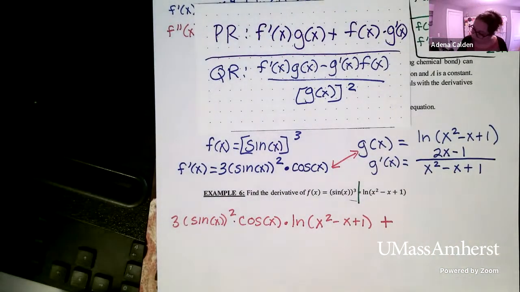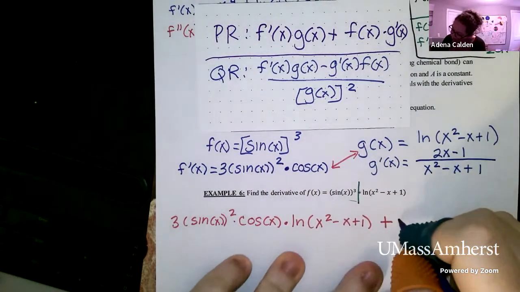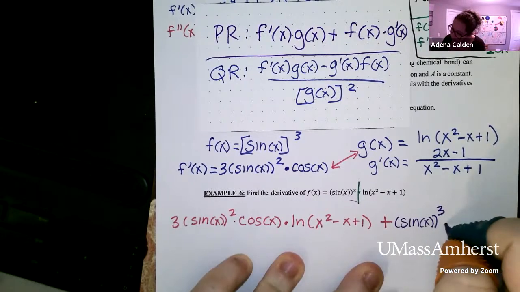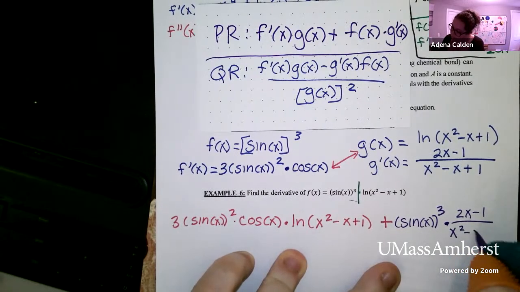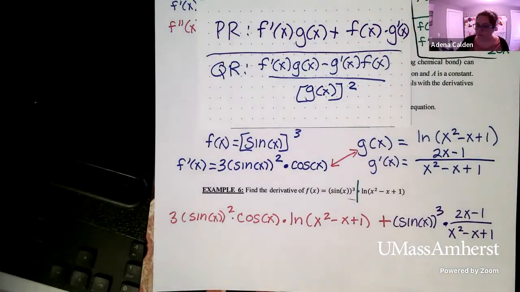I'm going to do that in another color just to show you what's going on here. So my f is sine of x cubed times g prime, which is 2x minus 1 over x squared minus x plus 1. So my final derivative looks like this.